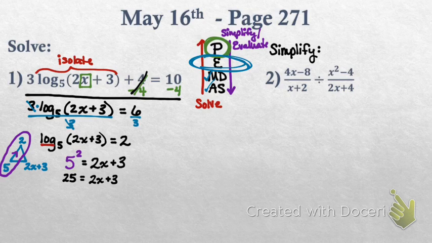What do I do to get rid of it? Subtract 3 from both sides. So we get 22 equals 2x. And then what do we do? Divide by 2 on both sides. And what is 22 divided by 2? 11. X equals 11.